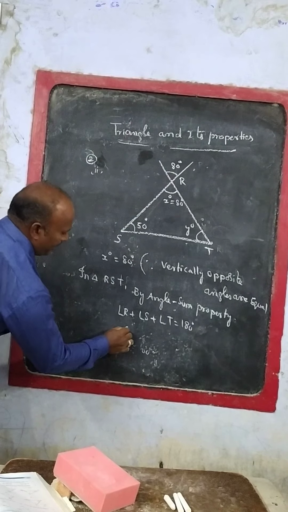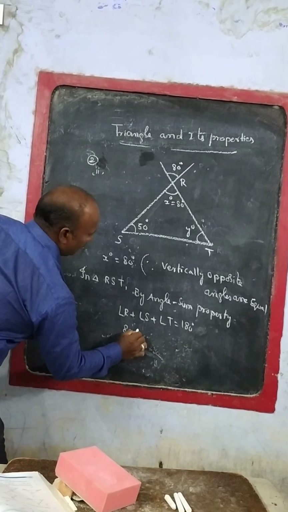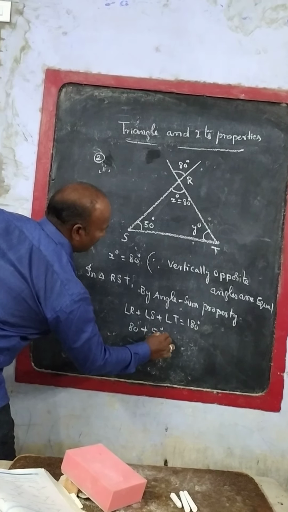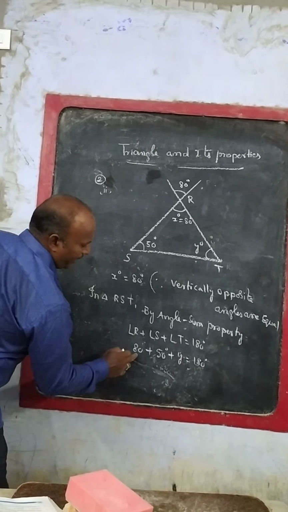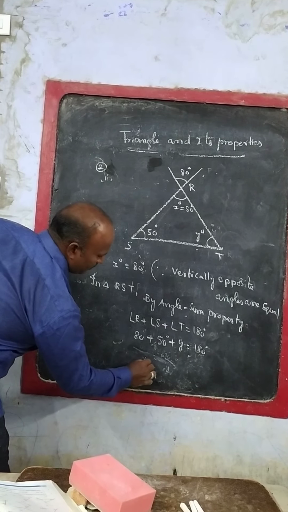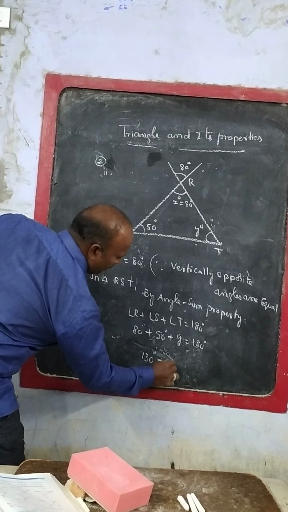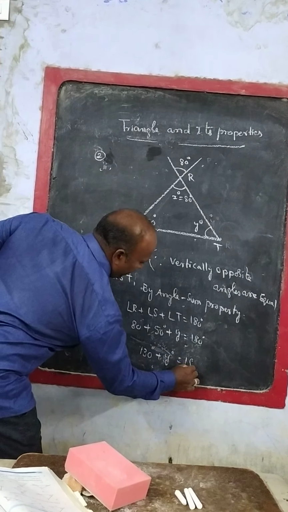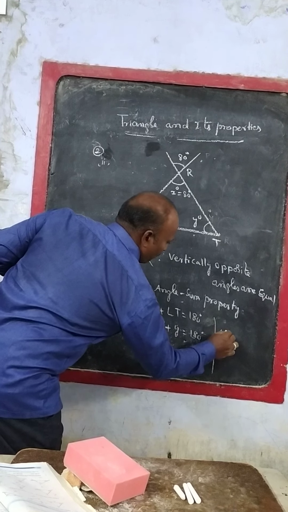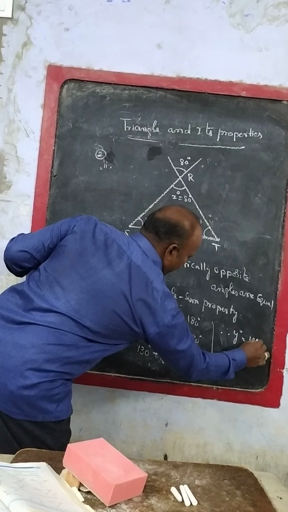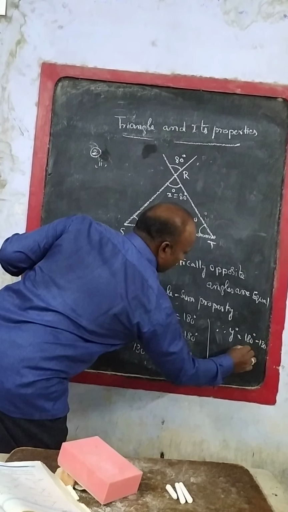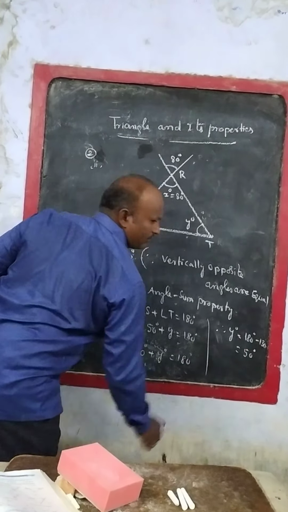Angle R means 80 plus angle S means 50 degrees plus angle T means y is equal to 180 degrees. 80 plus 50, that is 130 degrees, plus y degrees is equal to 180 degrees. Therefore y degrees is equal to 180 degrees minus 130 degrees, that is equal to 50 degrees.